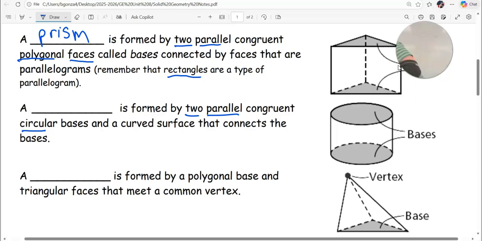So, if it's got a circle base and a circle base, and then the side of it, you can unfold it, and it kind of makes a big rectangle. So, two circles and a rectangle.